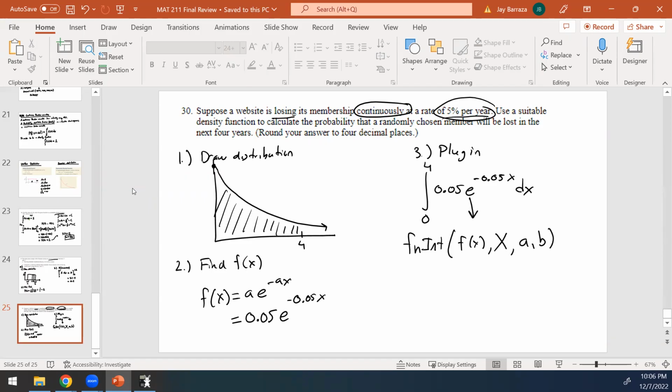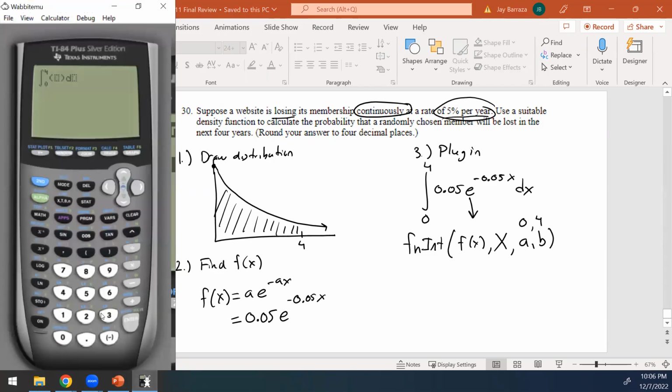X is just x, and then this is 0, and then this is 4. Okay, so we're going to type it in. 0.05, e, caret symbol, negative 0.05x, dx, okay?